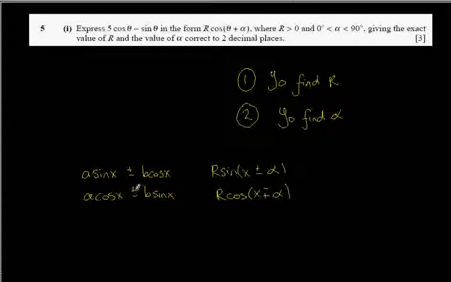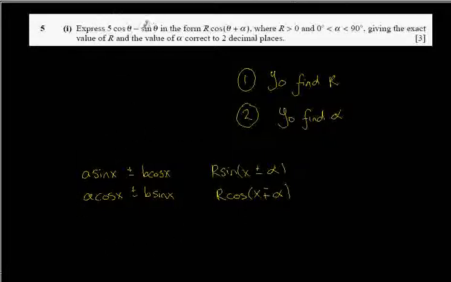So if you have a cos x plus b sine x, you could rewrite that as r cos(x minus alpha), and the last one, a cos x minus b sine x, can be written as r cos(x plus alpha). Okay, so that is the general format.